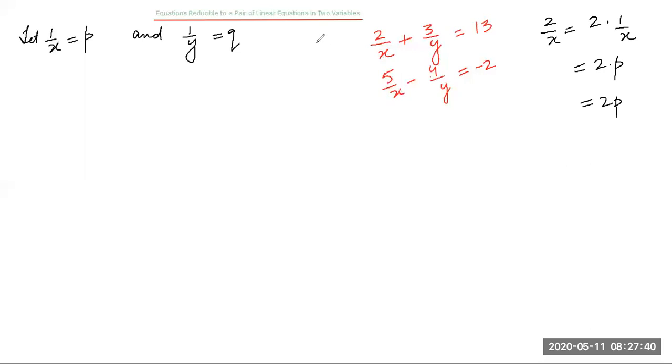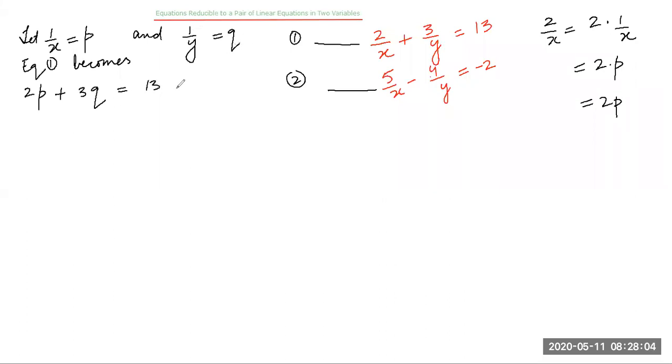So if this is the first equation and this is the second equation, equation 1 becomes 2 into 1 by x, which is 2p, plus 3q, because this is 3 into 1 by y, and 1 by y is q, is equal to 13. This is my third equation. And this equation becomes 5p minus 4q is equal to minus 2. This becomes my fourth equation.